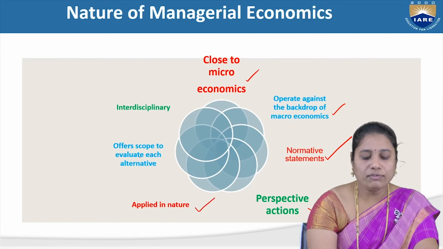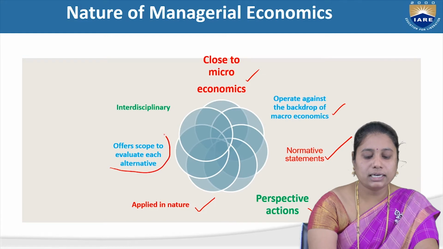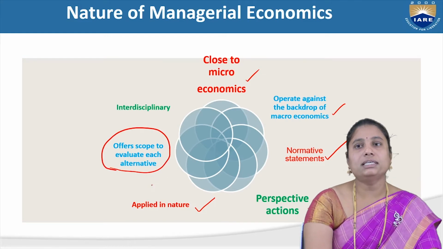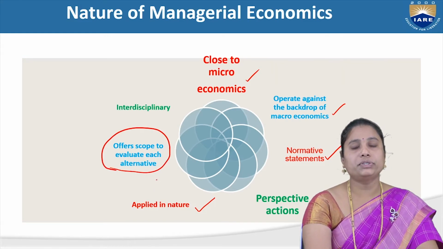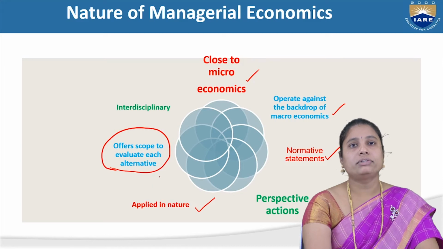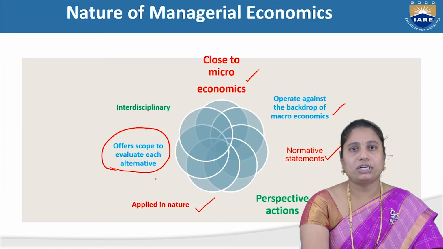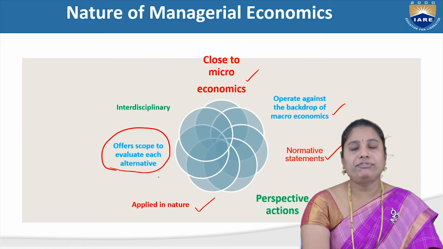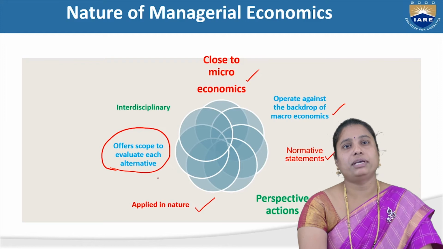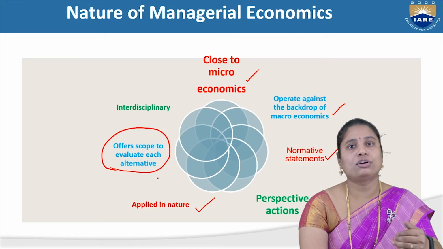Next one, it offers the scope to evaluate each alternative. Whenever any decision is going to be implemented, they'll look at every option. If we go in this productional way, what is the benefit? If we go in another way, what is the profit? What is the possibility of the sales?